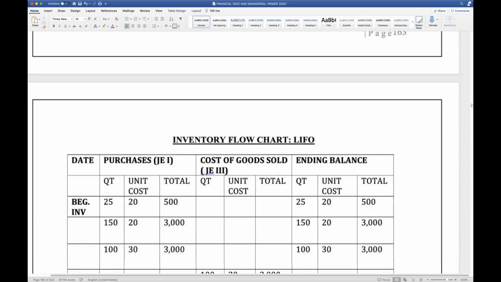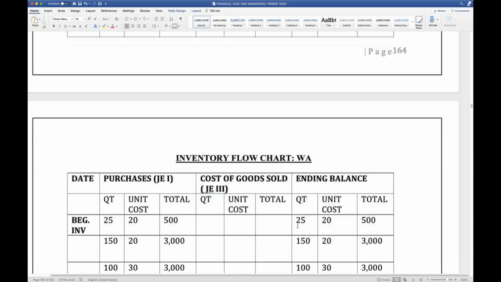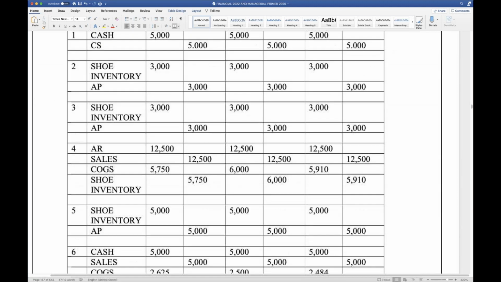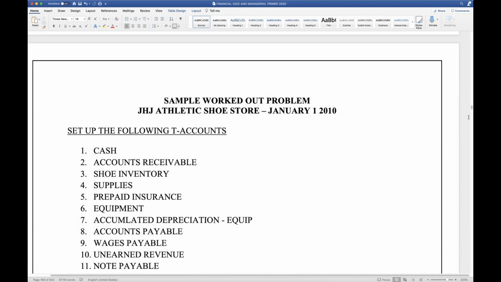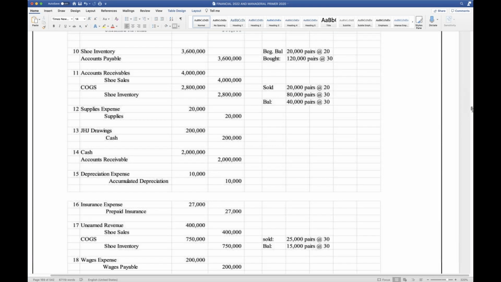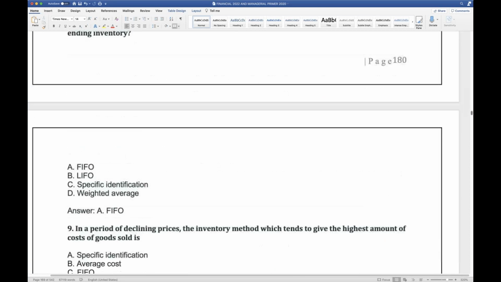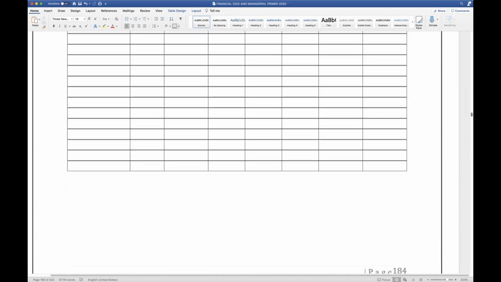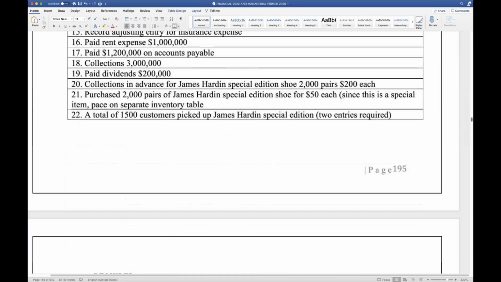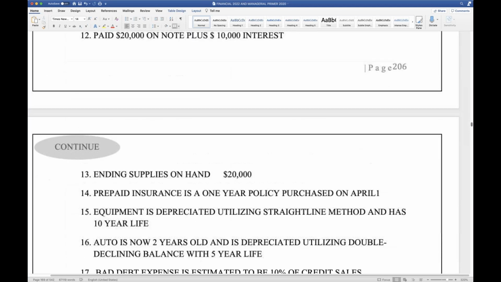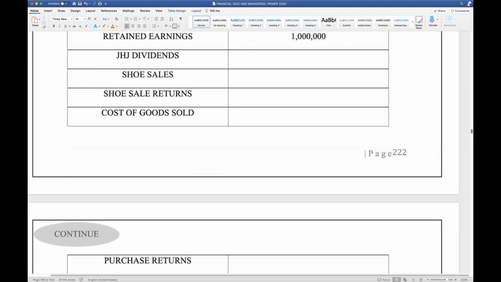A lot of work in here on receivables. I got a lot of problems to work.